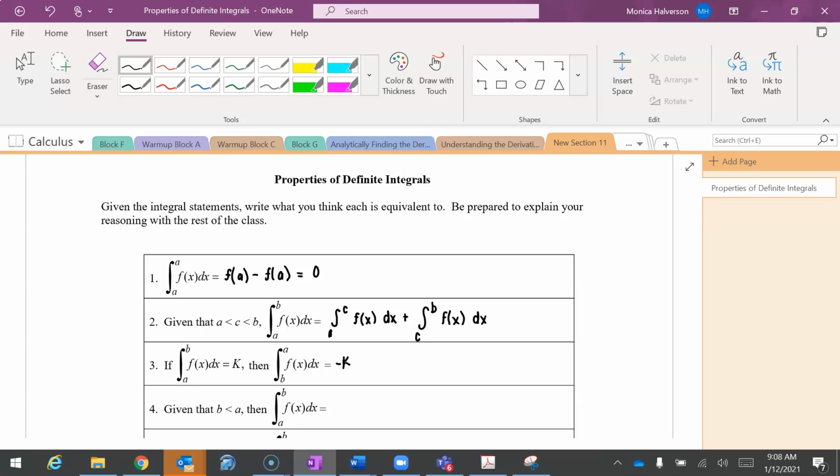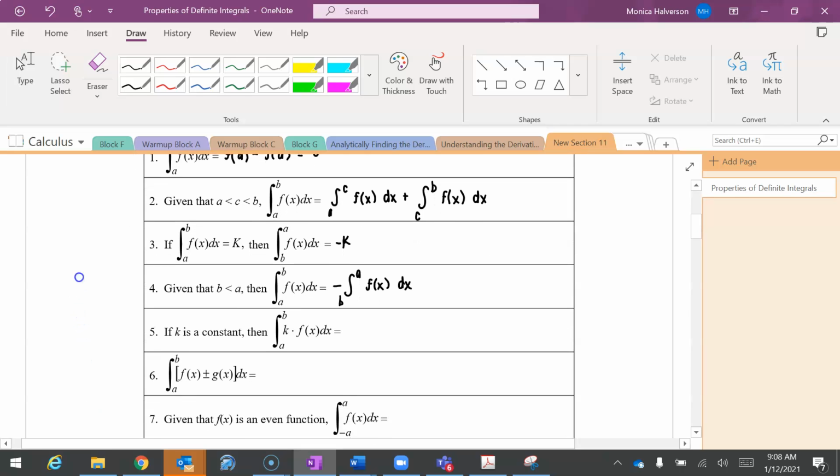Well, in the case that b is actually smaller than a, the definite integral is going to equal the negative value of the integral from b to a of f of x dx. Now, this is only true if our original upper limit is smaller than the lower limit given to us.